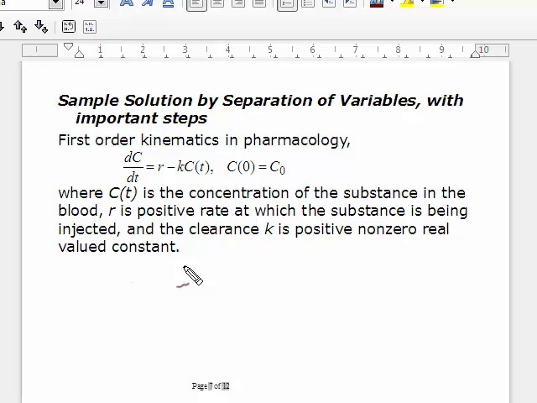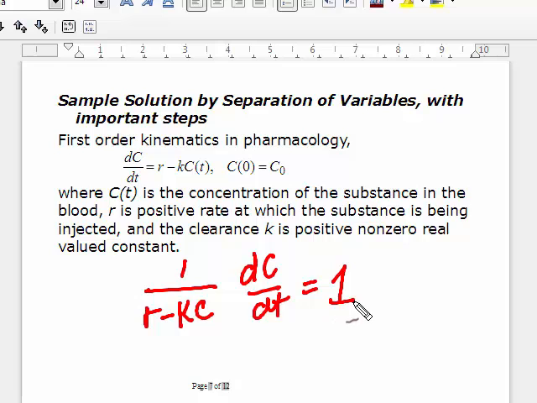Okay, so here's what it looks like when it's separated. And of course we want r minus kc not to be 0 here, and we'll see how that plays out in the solution. Now I'm going to integrate both sides, but remember we had a conclusion in our method.